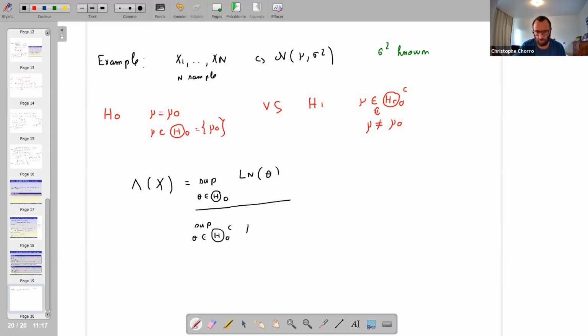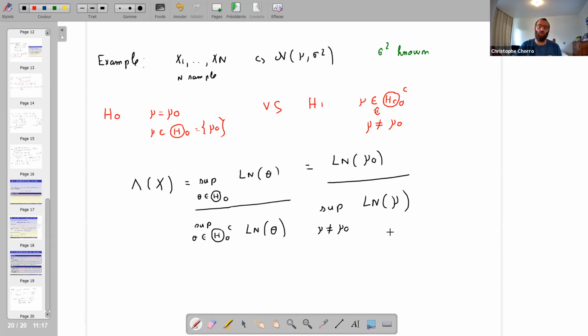I write the general thing, and we see how it adapts to my situation. Here, Theta 0 is reduced to a point, so it is just ln of mu 0, because I have a single point in Theta 0, over the supremum for mu different from mu 0 of ln of mu.